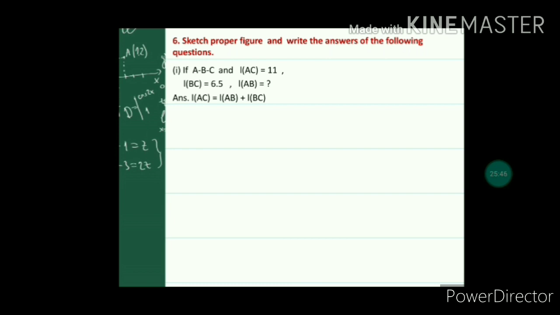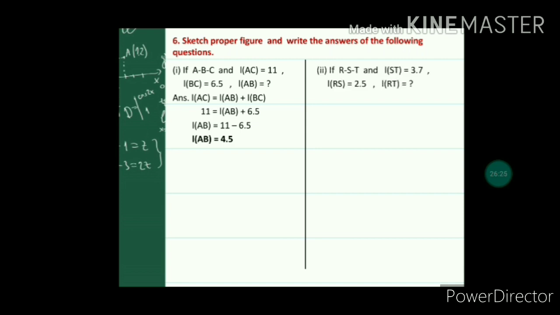Here, length of AC is equal to length of AB plus length of BC. Put the value. Length of AC is 11 is equal to length of AB plus length of BC is 6.5. Therefore, length of AB is equal to 11 minus 6.5. Therefore, length of AB is equal to 4.5.